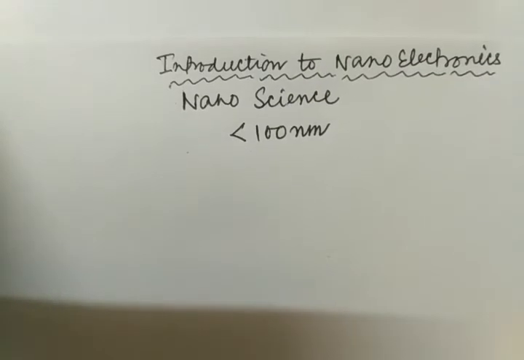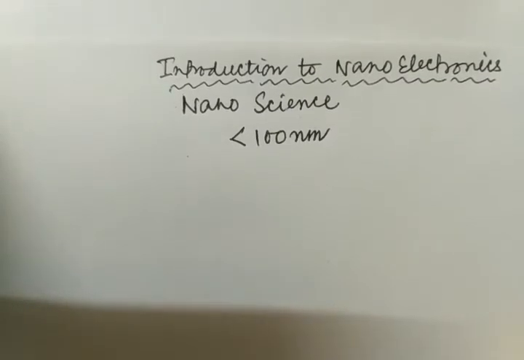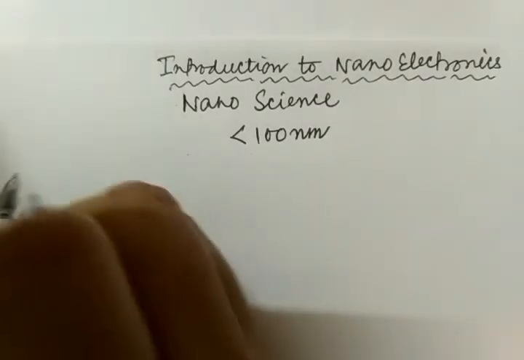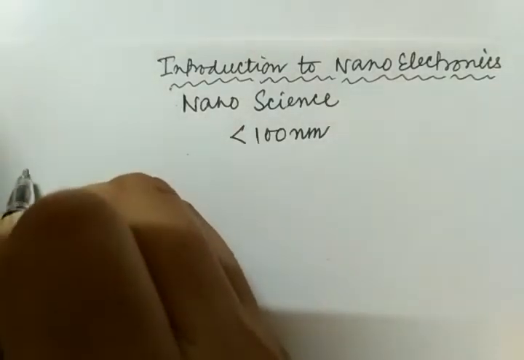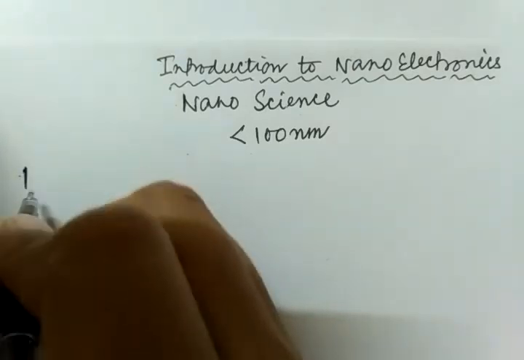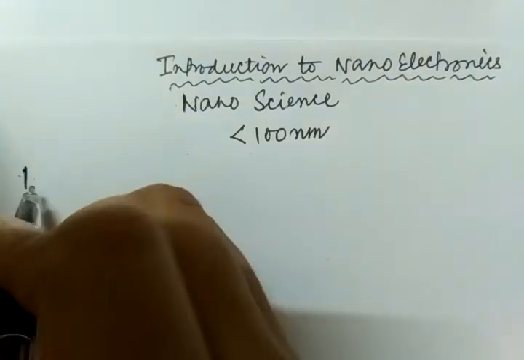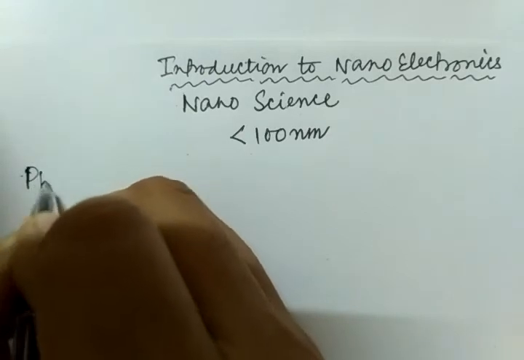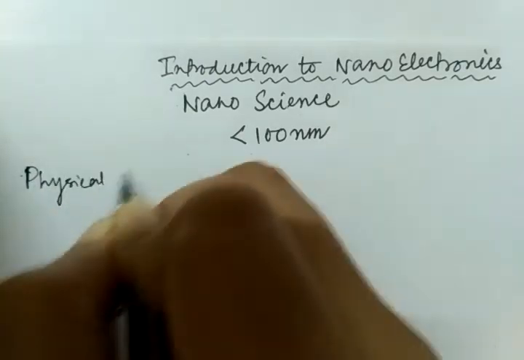So let's start. We all know that nanoscience basically describes three types of physical phenomena. I am just writing the main points, but the whole PDF will be shared with you. The first one is physical phenomena.